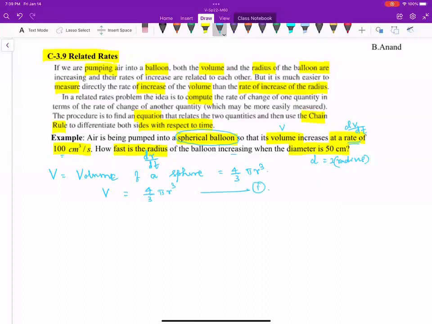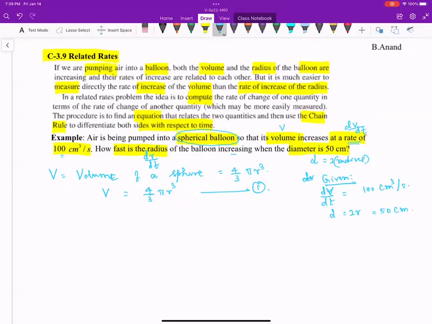Then, let's write down what is given here. Given is dV by dt, which is equal to 100 centimeter cube per second. What else is given? Diameter is 2r, which is equal to 50 centimeter.